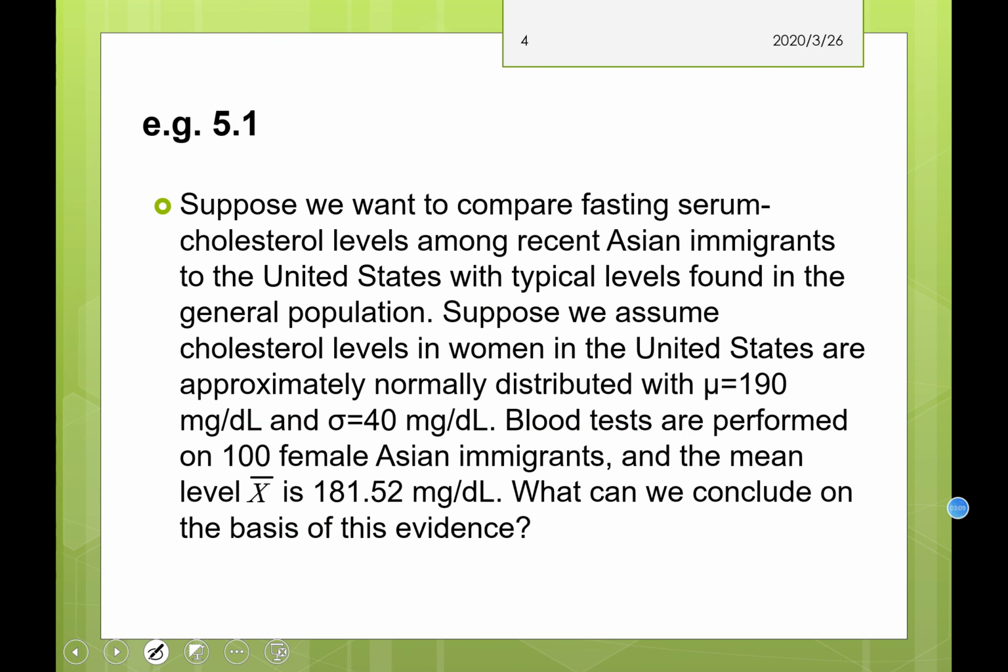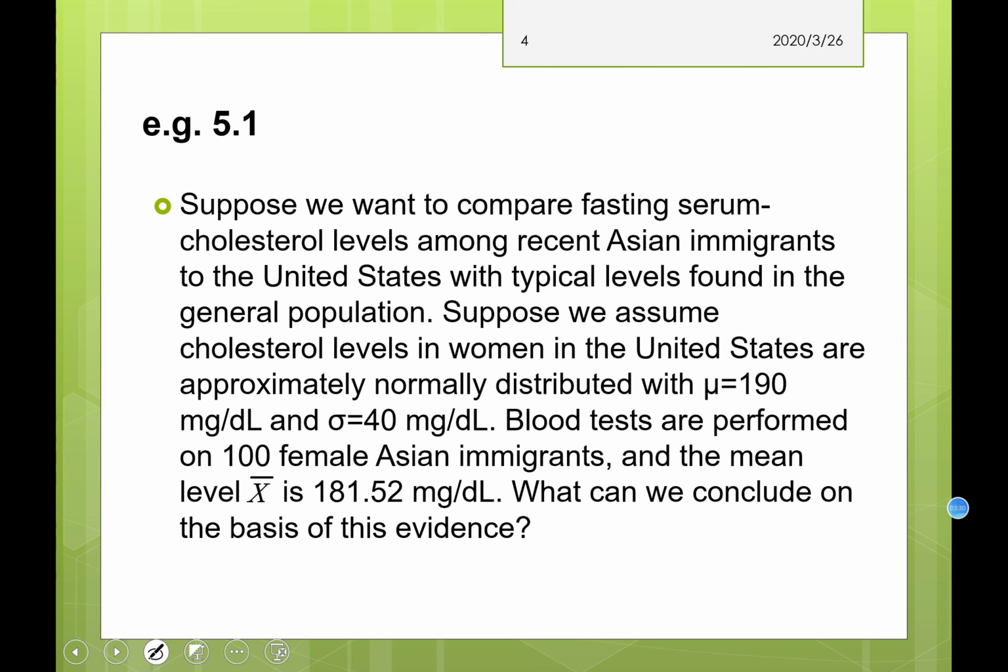Okay, now let's take an example. Suppose we want to compare fasting serum cholesterol level among recent Asian immigrants to the United States with the typical levels found in the general population.